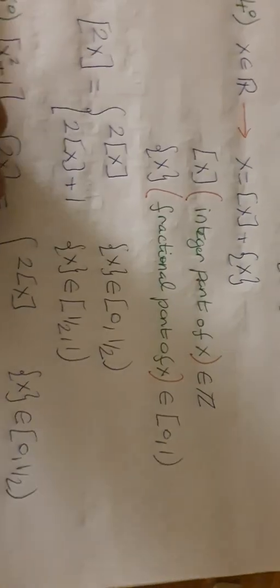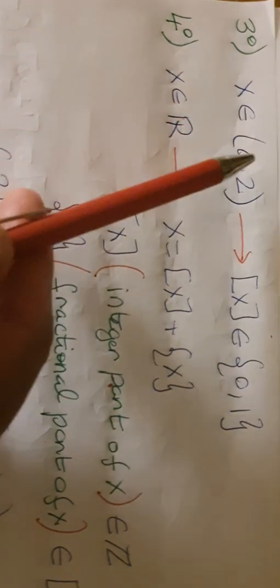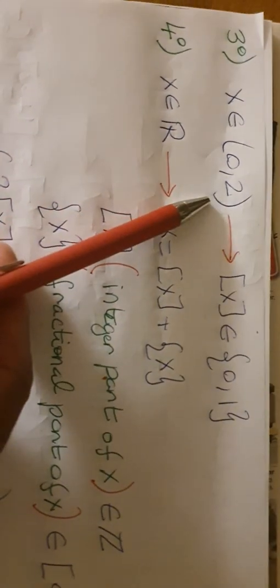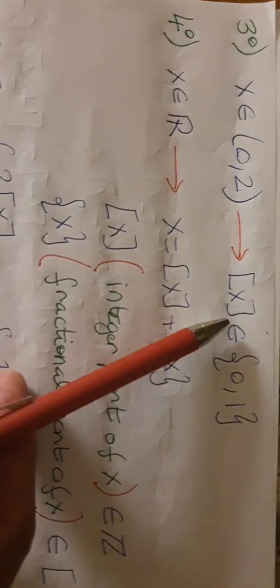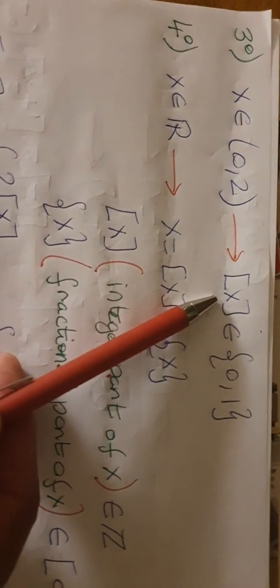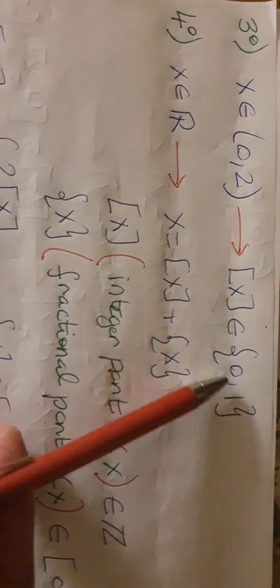All right, so if we keep moving now, if x belongs to the open interval from 0 to 2, then the integer part of x can only take two values, namely 0 and 1.